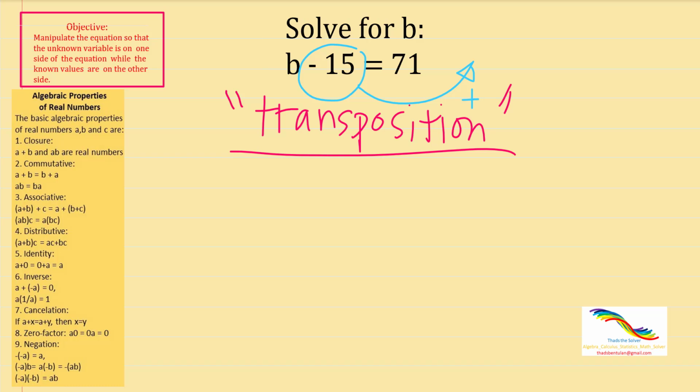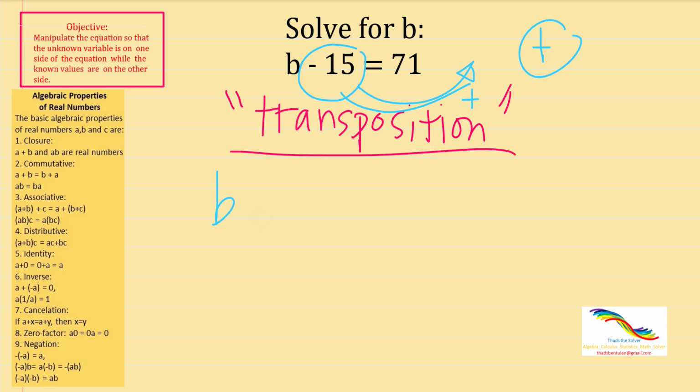That's the net effect of what we have done by adding 15 to both sides of the equation. So if you transpose negative 15, since that is negative, it becomes positive when you cross the equation sign from the left hand side to the right hand side.